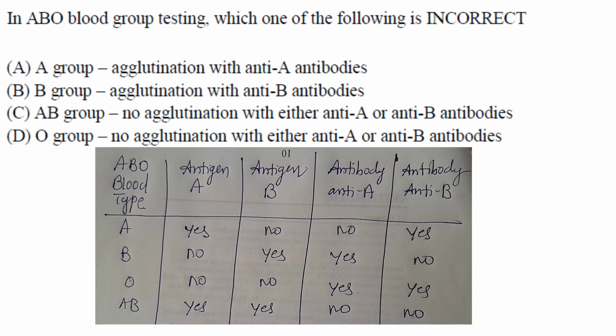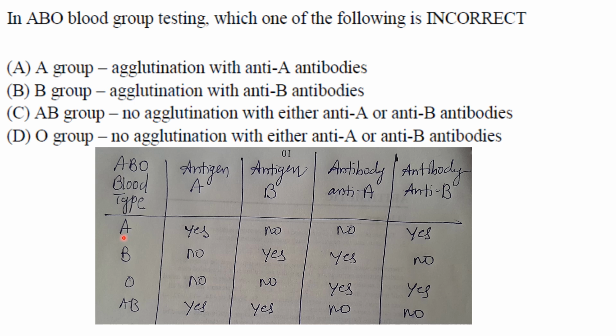Then the next one. In ABO blood grouping testing, which of the following is incorrect? Now, if you see A group, agglutination with anti-A antibodies.